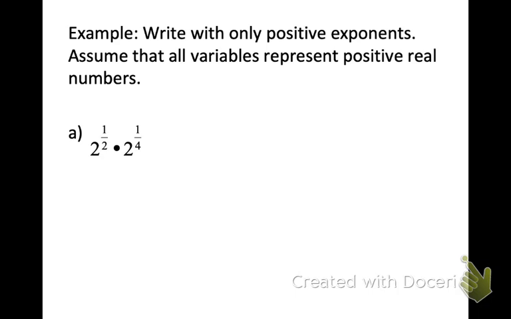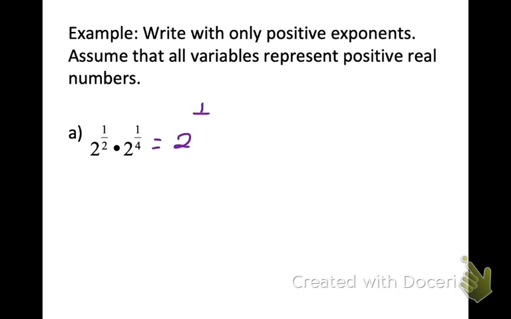2 to the 1/2 times 2 to the 1/4. Think back to when you had something like m squared times m to the 4th. What did you do with your exponents? You added them. So what am I going to do with my exponents in this problem?